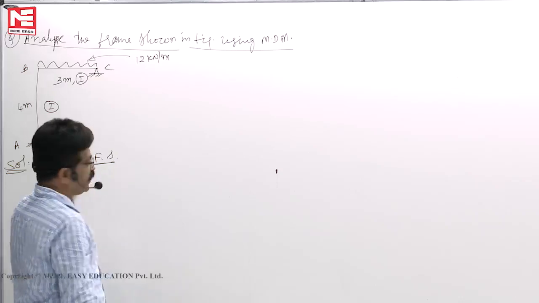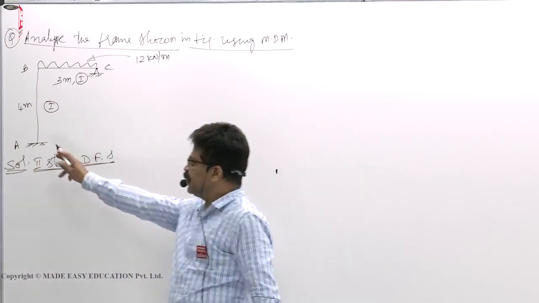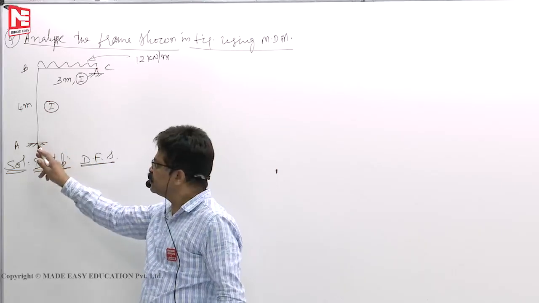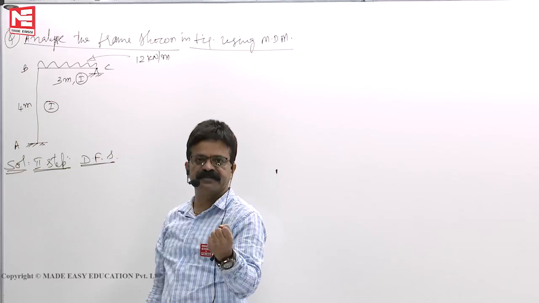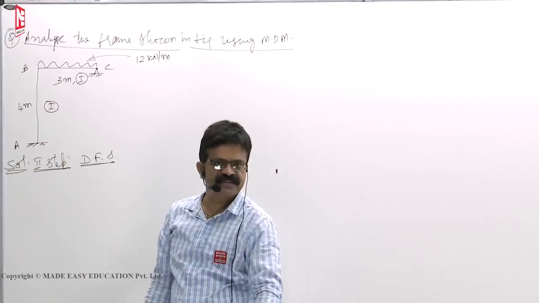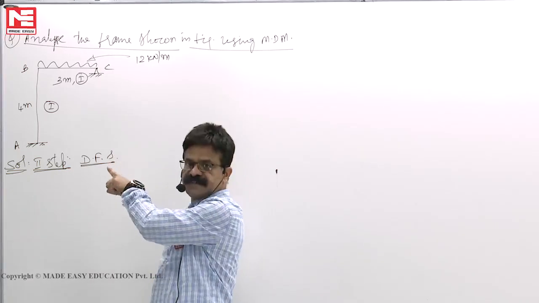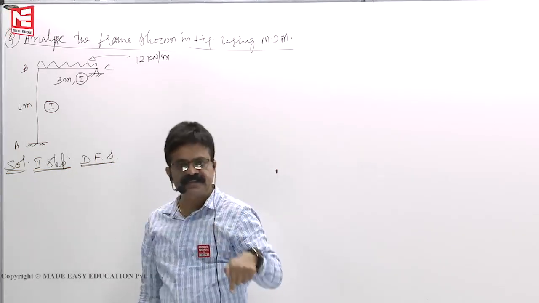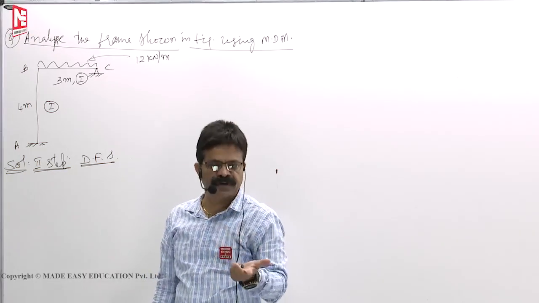Now if you see at A, how many members are there? At A, not only one member, that fixed support means someone should be there to fix it. At A, there is a footing, and that footing rests on the soil. When compared with the flexural stiffness of the column, the flexural stiffness of the footing is very high, maybe 7 to 8 times more.